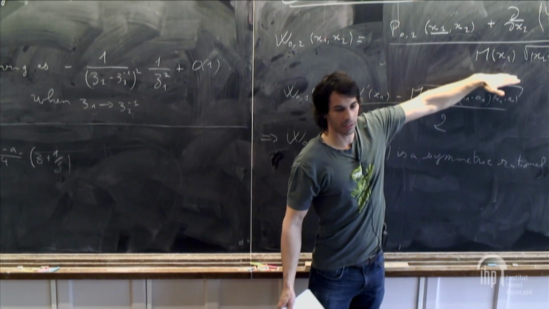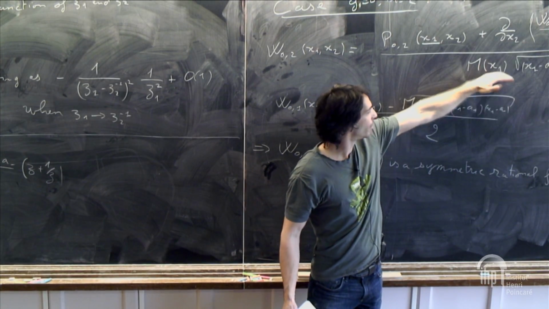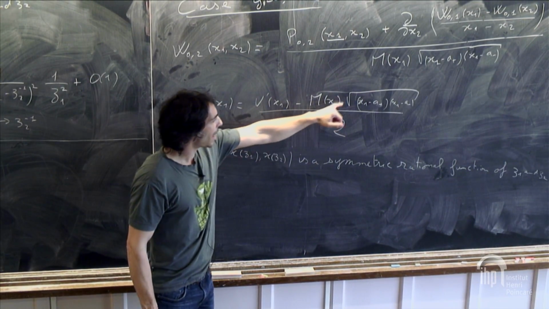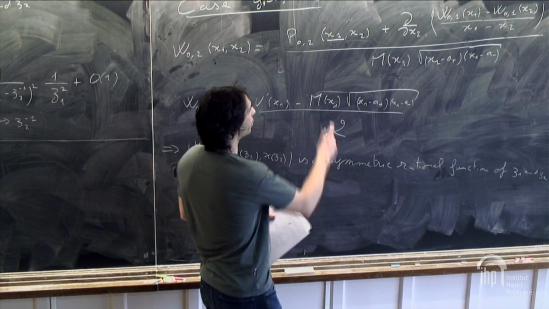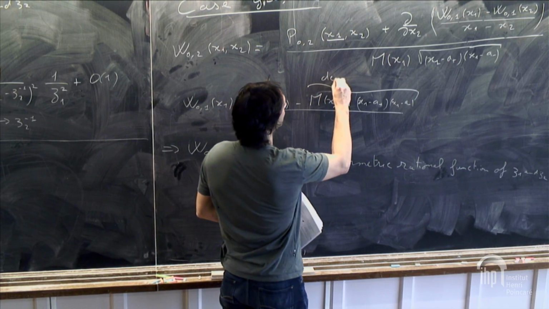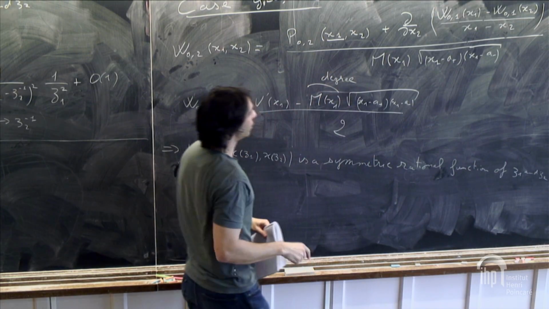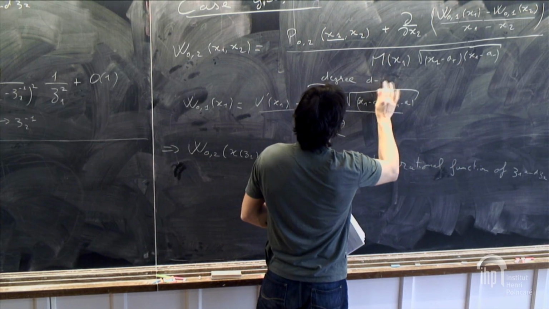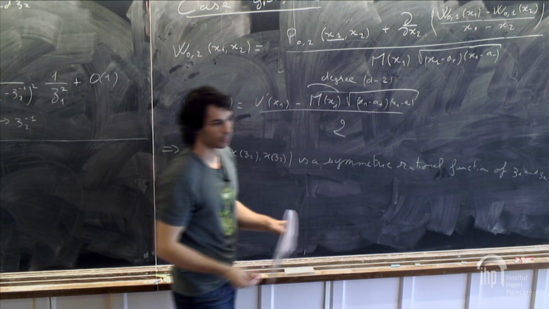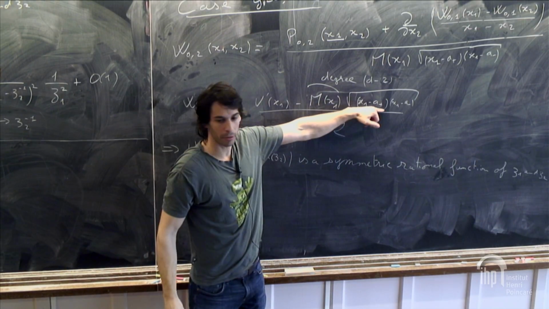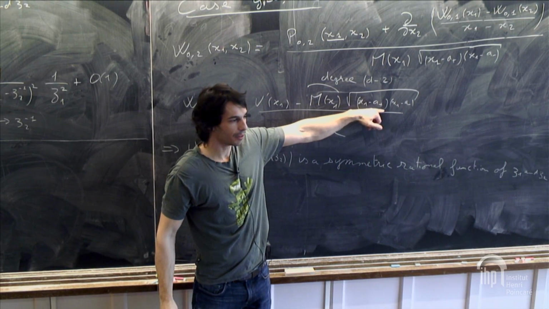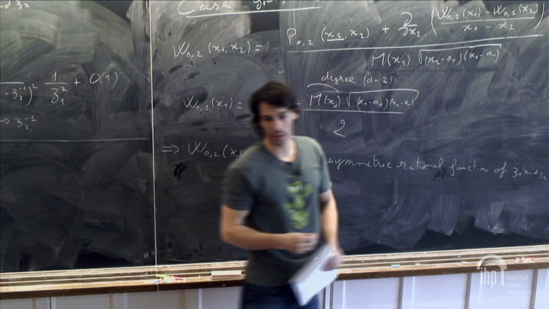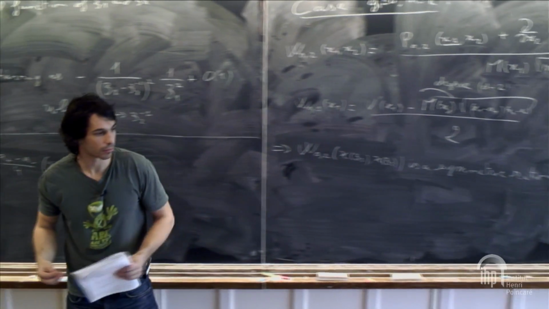What do I have downstairs? Now you've got to remember the expression that we've got here. M of x is a polynomial of degree d minus 2. This square root gives you something which is of degree 1. So you've got something downstairs which has degree d minus 1 in x1.